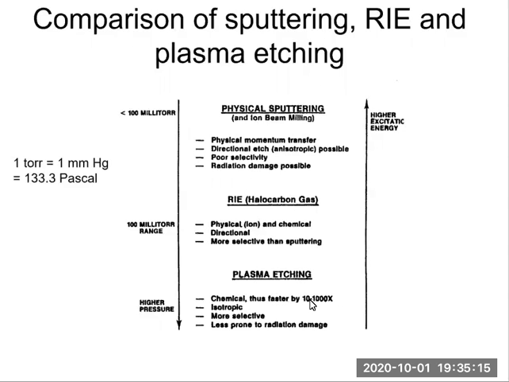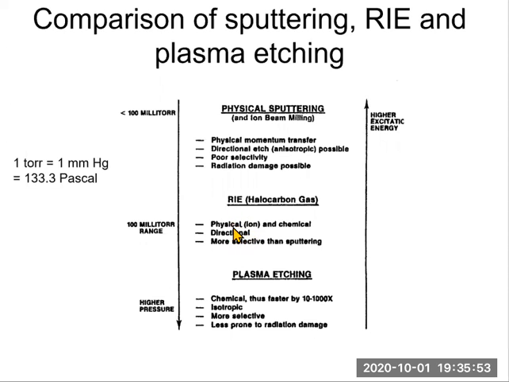The plasma etching is isotropic, and it's more selective than physical sputtering, and less prone to radiation damage, because the excitation energy is lower. From bottom to top, the excitation energy becomes higher. So low excitation energy means less radiation damage.